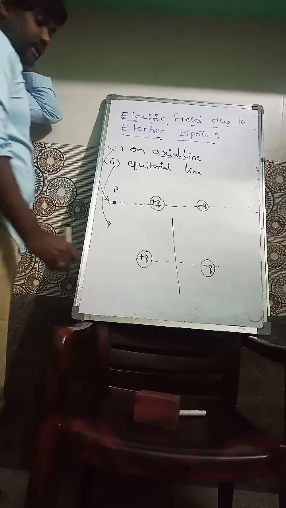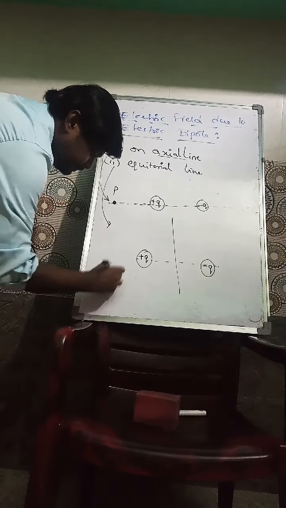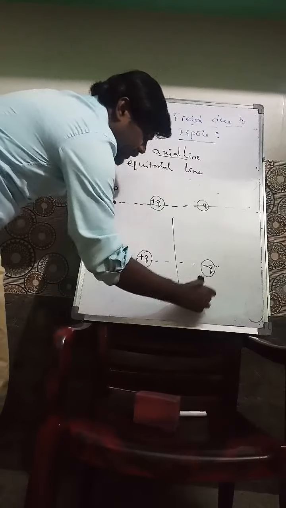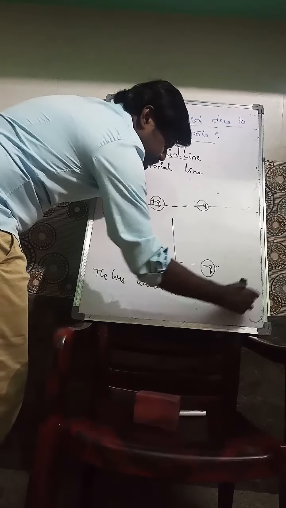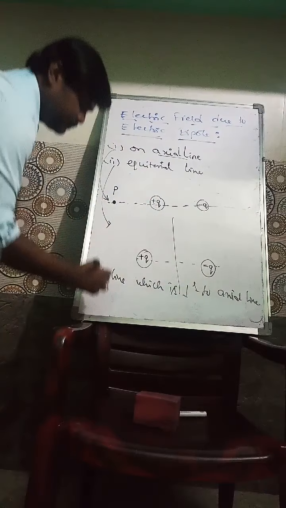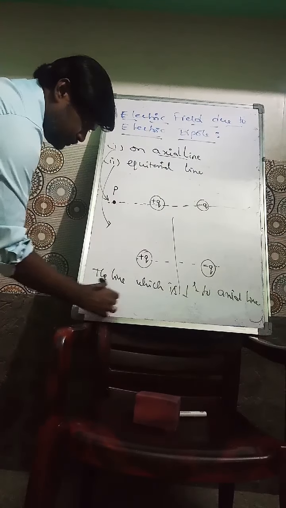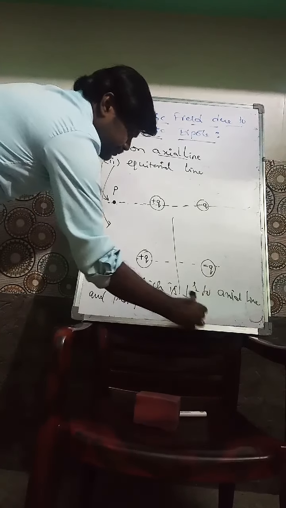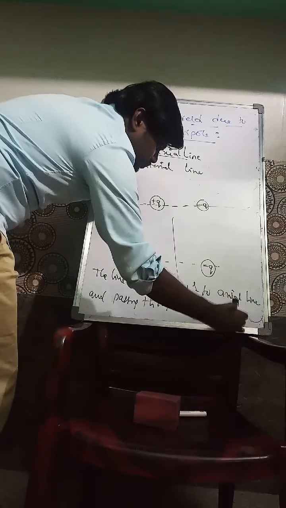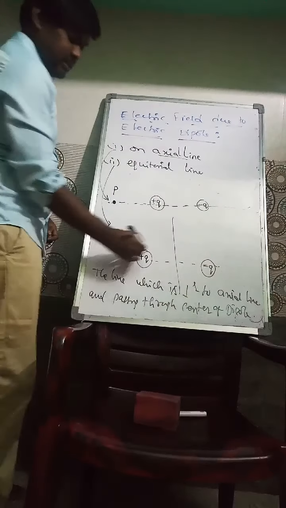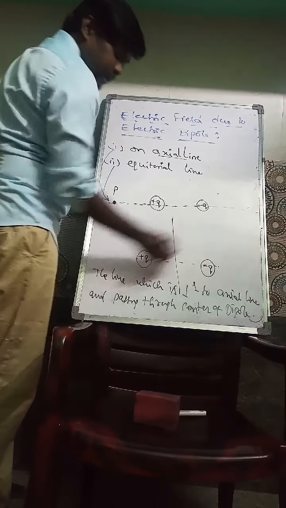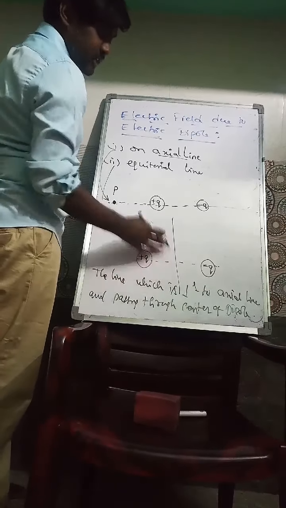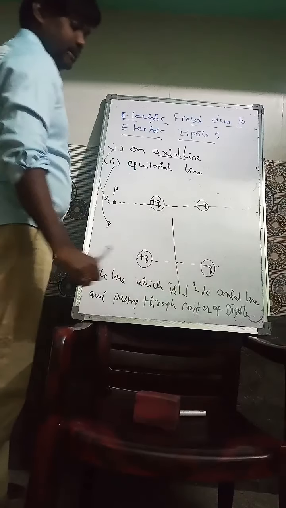Equatorial line means the line which is perpendicular to the axial line and passing through the center of the dipole. This line is perpendicular to the axial line, but it should pass through the center point, the midpoint of the dipole.